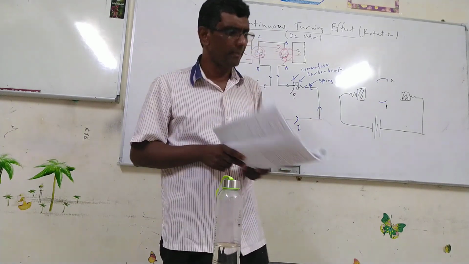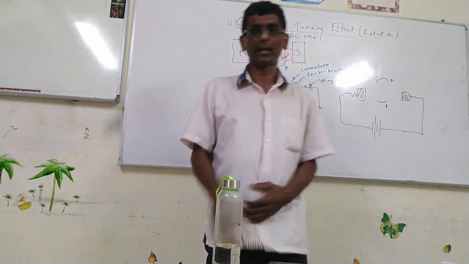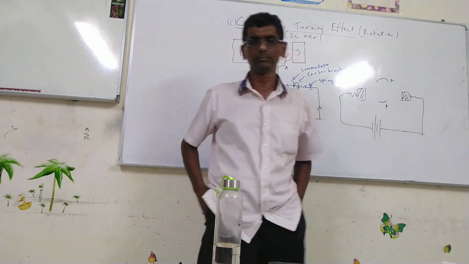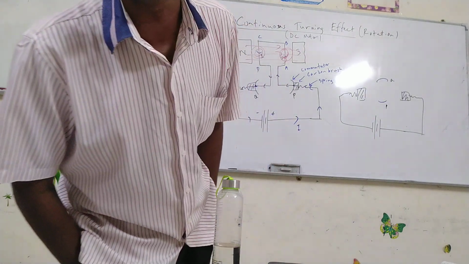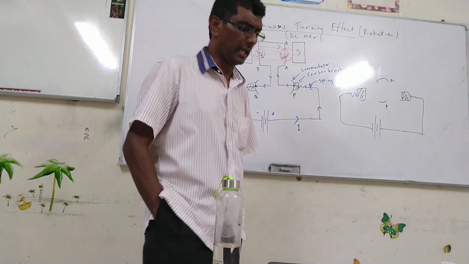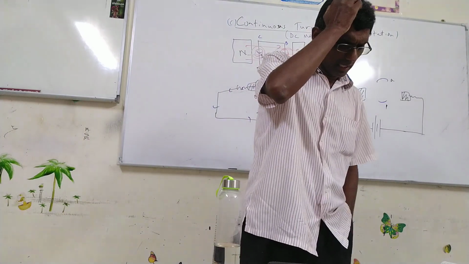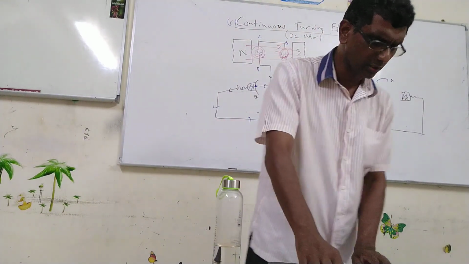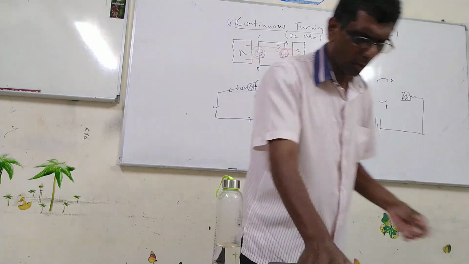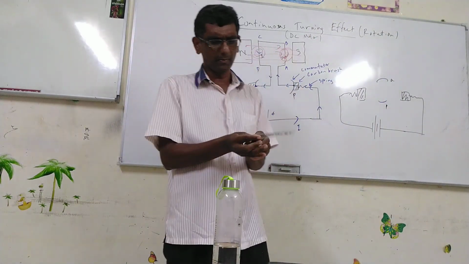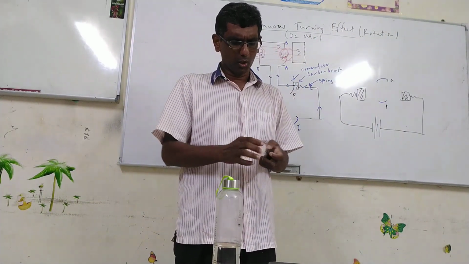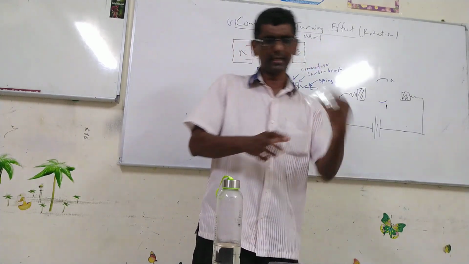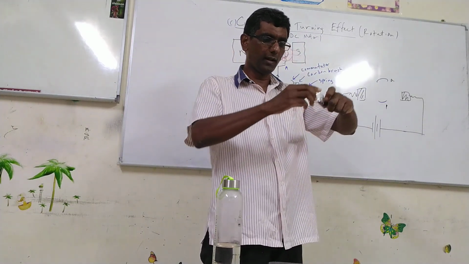And the carbon brush, what is the function of the carbon brush? The carbon brush acts as a conductor for the commutator. This is the carbon brush. The commutator has a side and that side, and moves like this against the carbon brush.